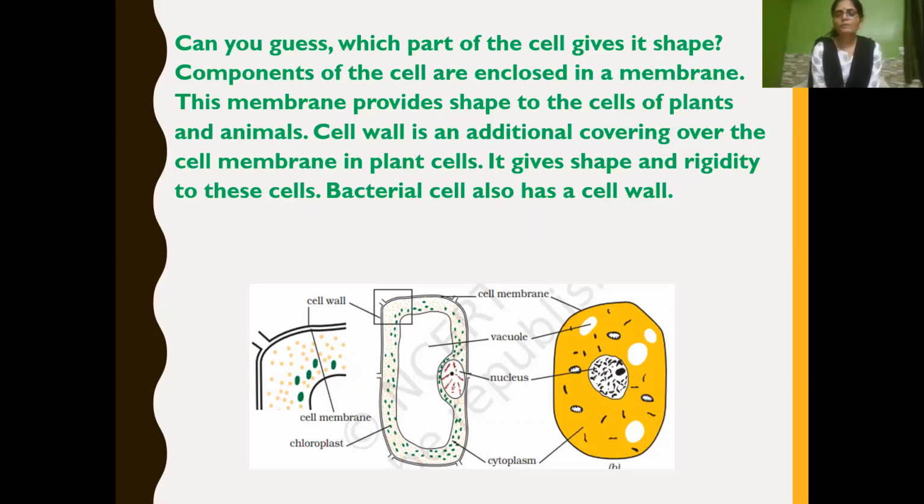Because of this, it gives shape, rigidity, and strength to the cells. Got it, children? In the same way, bacterial cells also have a cell wall around the cell membrane.